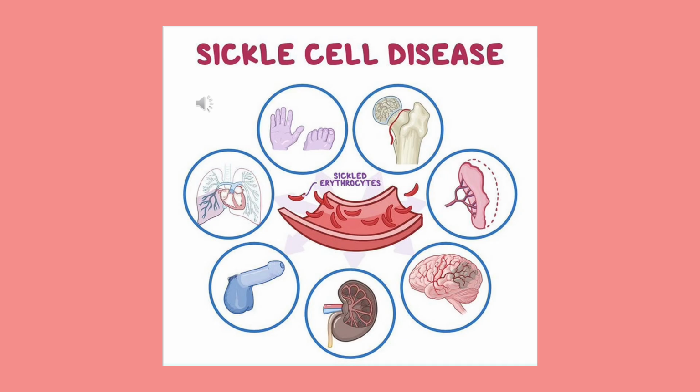As you can see, sickle cell disease affects multiple organ systems, really emphasizing that holistic and preventative care is a big part of our nursing care. Managing these complications early is key so that we can improve quality of life and the outcomes for patients with this condition.